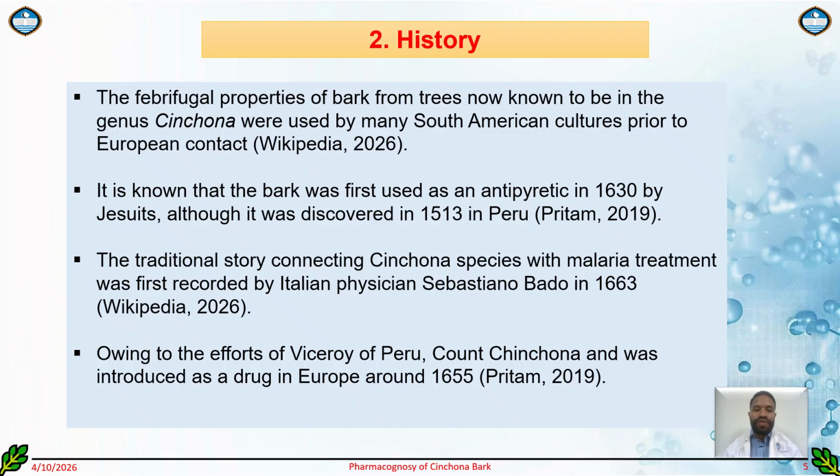The traditional story connecting Cinchona species with malaria treatment was first recorded by Italian physician Sebastiano Bado in 1663. Owing to the efforts of the Viceroy of Peru, Count Cinchon, it was introduced as a drug in Europe around 1655.